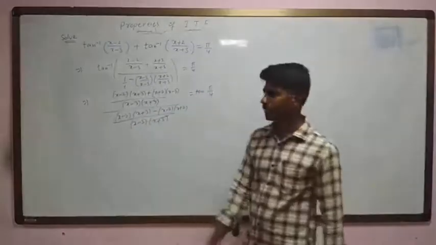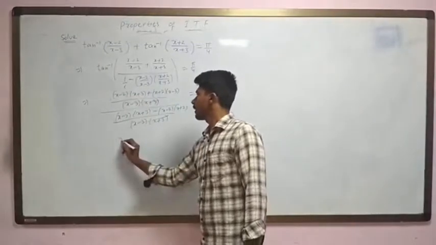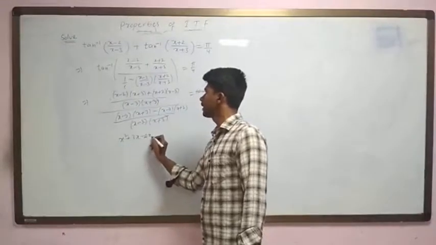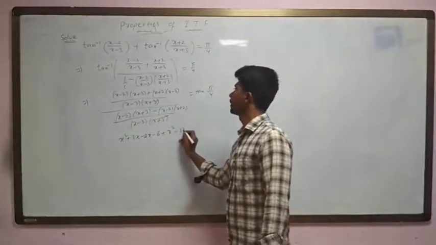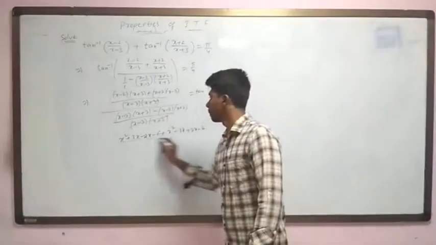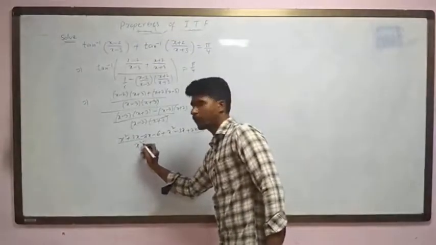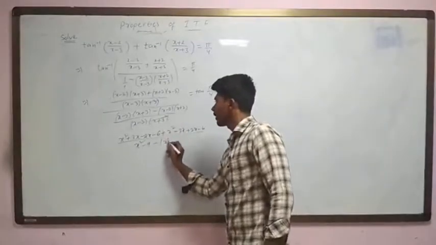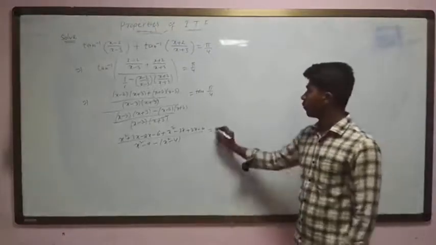Denominators get cancelled. Numerator: multiply (x minus 2) into (x plus 3), x square plus 3x minus 2x minus 6, plus x square minus 3x plus 2x minus 6, divided by (a minus b) into (a plus b) which is a square minus b square: x square minus 9 minus of (x square minus 4), which is equal to tan pi by 4, which is 1.